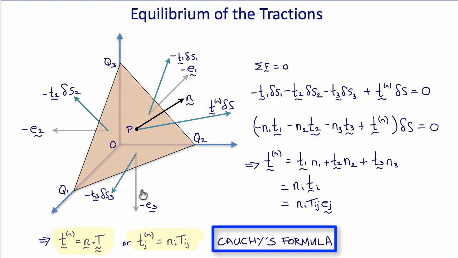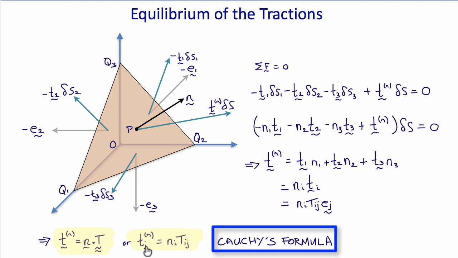And Cauchy's formula states that the traction vector T is equal to N times the stress tensor T, or in component notation, the jth component of the traction equals the ith component of the unit normal times Tij, which shows that the stress tensor Tij, its first index is the index referring to the surface, and its second index is the index referring to the component of the traction.